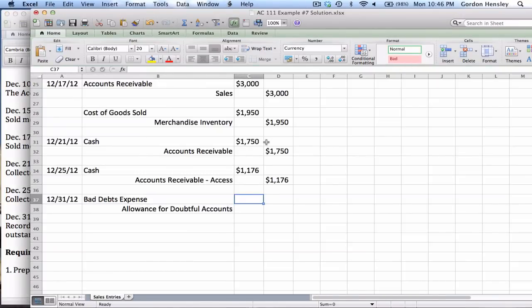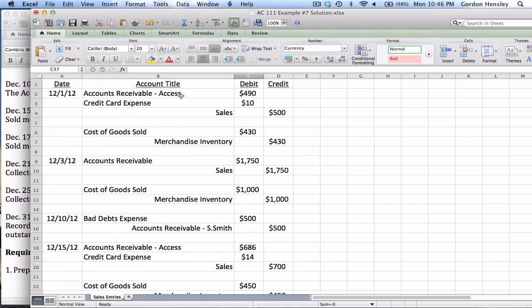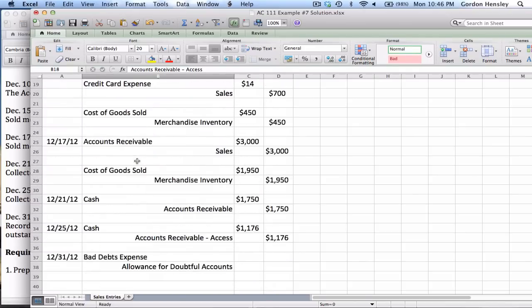Well, I want to go back and see at this point, do I have any outstanding receivables? Well, I had a sale there to Access, but remember, Access paid me the money. I had a sale here to a customer for $1,750. I collected that $1,750. I had another receivable here from Access. I collected that as part of the credit card collection. But down here on the 17th, that was another one of those credit sales for $3,000.